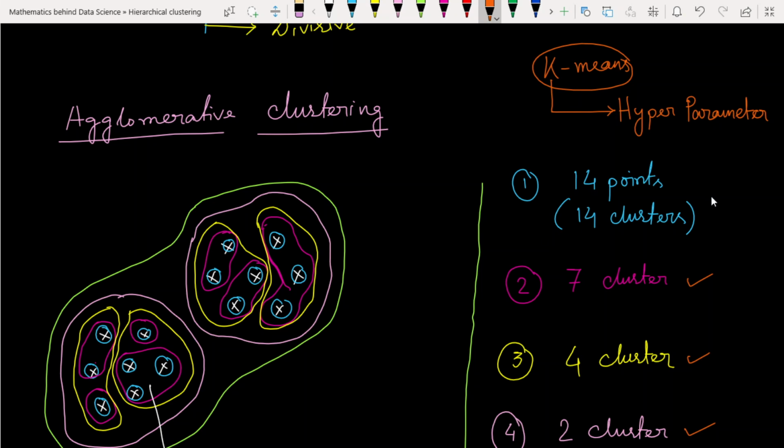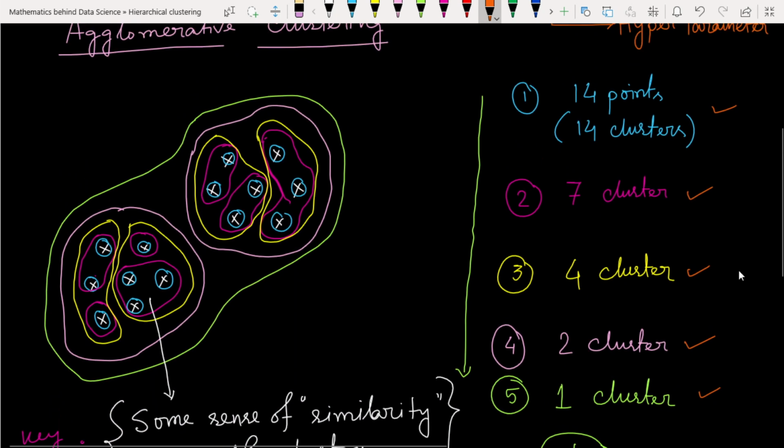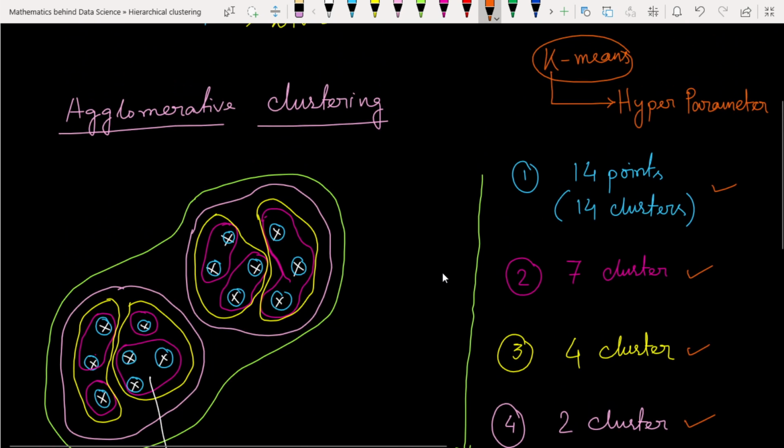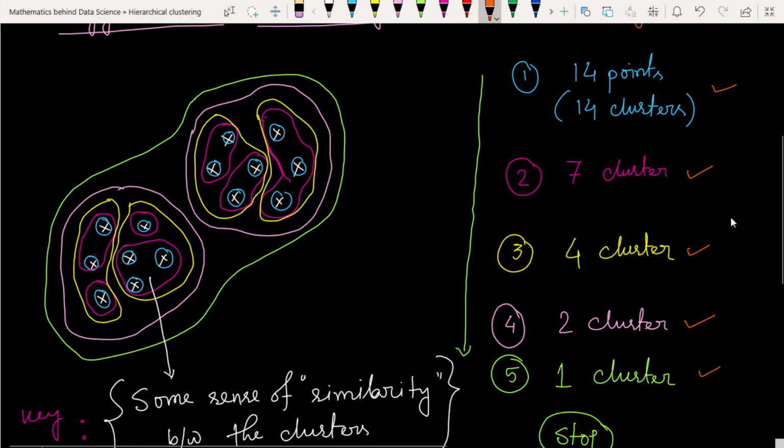If you want 14 clusters, stop here. If you want a single cluster, stop here. So every clustering is included in each step. Okay, this is the main advantage. Here we don't have to do any clustering manually. These are automatically built into this algorithm.